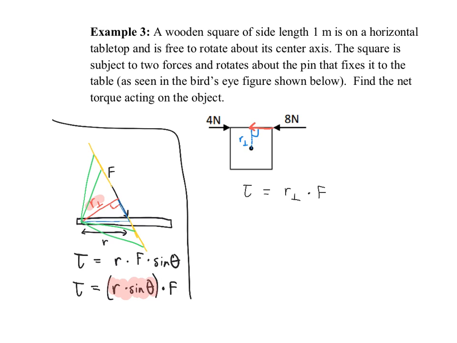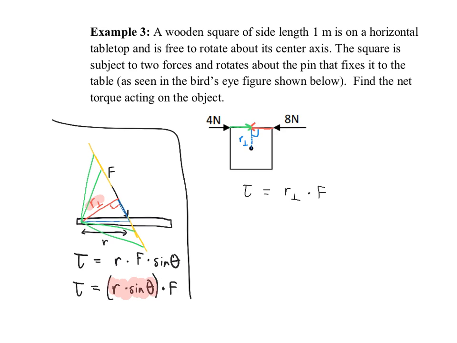Now, we can do the same thing for the 4 Newton force. I'll use green. We could extend the 4 Newton force until it gets to that point as well, and it's going to have the exact same r perpendicular value, right? They're both meeting at that location in the middle. So even if I extended it this way, nothing is perpendicular except for that dotted blue line. None of those green lines are perpendicular, so none of those will work as r perpendicular.